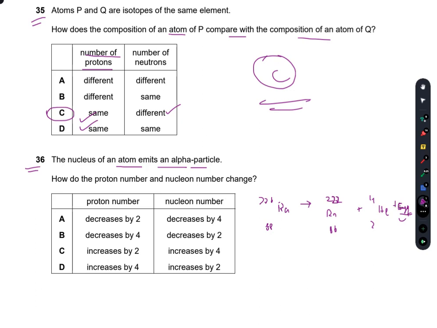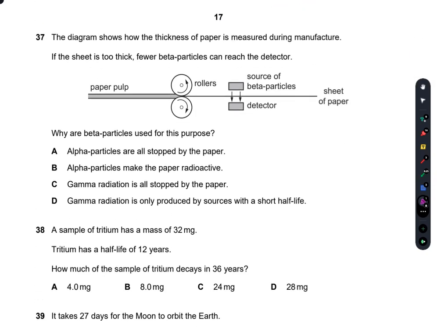So what does this mean? That the mass number decreases by 4, and the atomic number decreases by 2. So the proton number decreases by 2 and the nucleon number decreases by 4, which means that A is the right option.